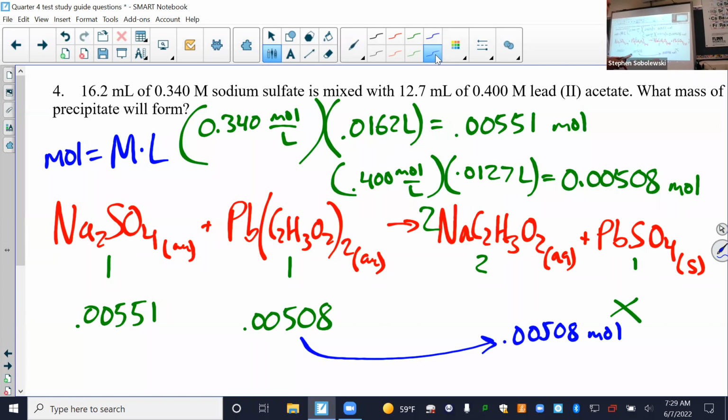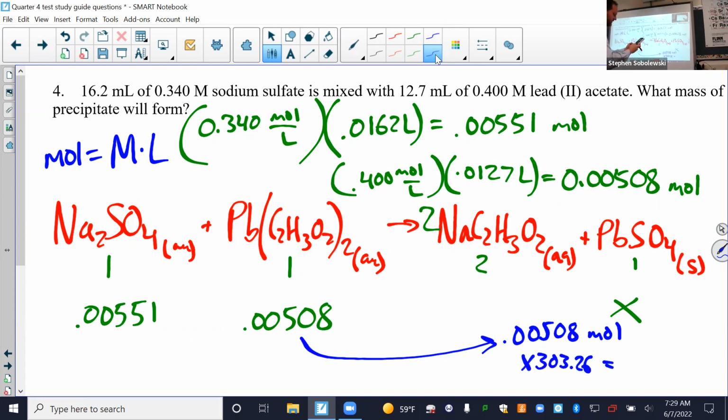Yes. So I just need a molar mass of lead 2 sulfate. So 1 Pb is 106, nope, that's palladium, 207.2 plus 1 sulfur plus 4 O's is 64. So I'm getting 303.26.